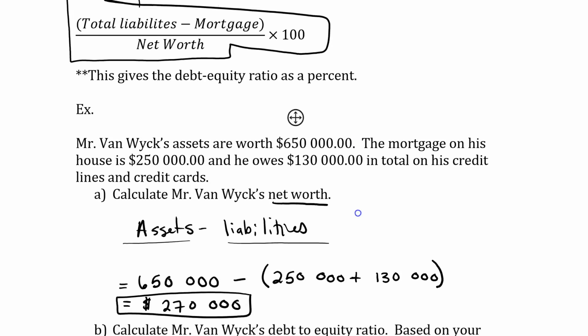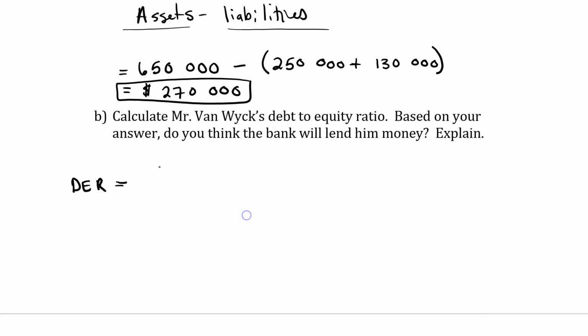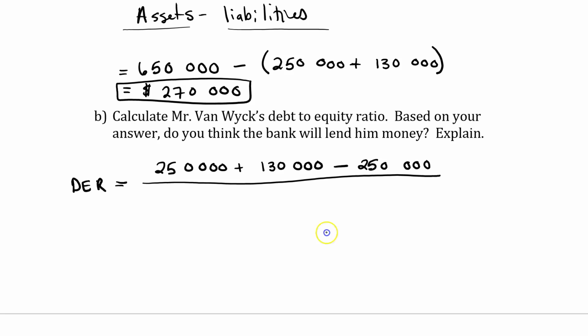His total liabilities are his mortgage, $250,000, plus his lines of credit and credit cards, $130,000, minus his mortgage, $250,000. So essentially we didn't have to really add this, but I just wanted to show the whole spicy meatball of the work. Divided by his net worth, which is $270,000. And we're going to multiply this whole thing by 100 to get it as a percent.